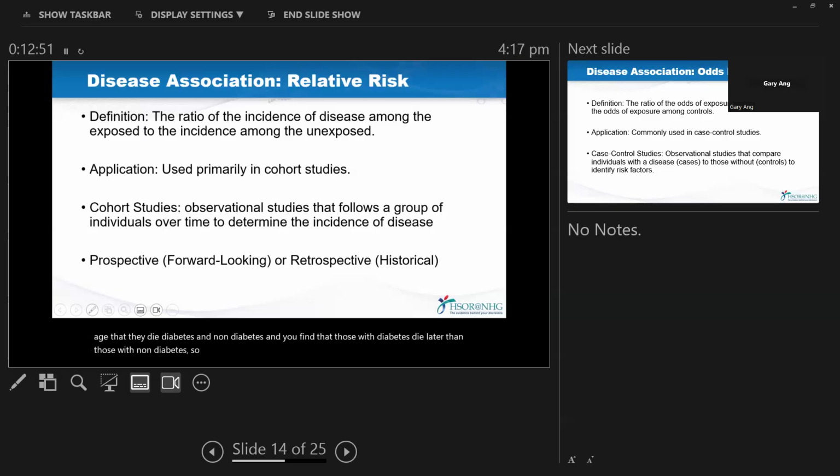Apparently it doesn't make sense medically. If you think about it deeper, it is not a data crunching issue but a selection bias issue, because of the way you do the design. Those with diabetes have to survive long enough in order to get diabetes, so there is some sort of selection bias.